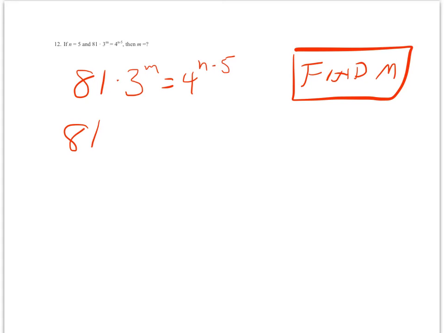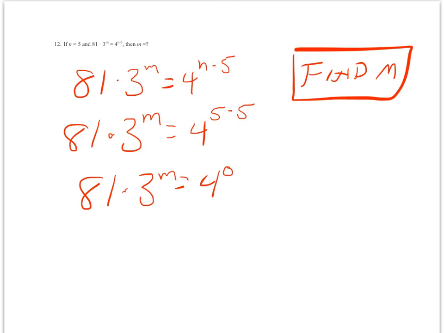So let's replace the n in this problem with 5. 5 minus 5 is 0. 4 to the 0, any number to the 0, is 1. Trying to get m by itself, so we divide both sides by 81. We get 3 to the m is 1 over 81.